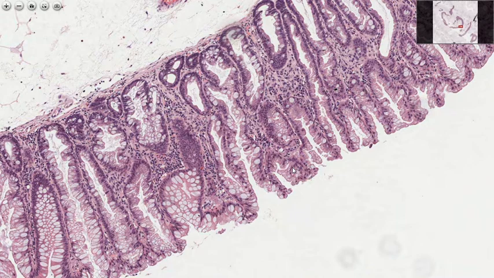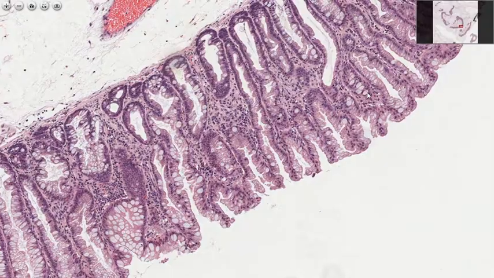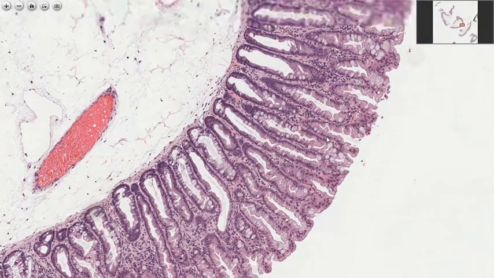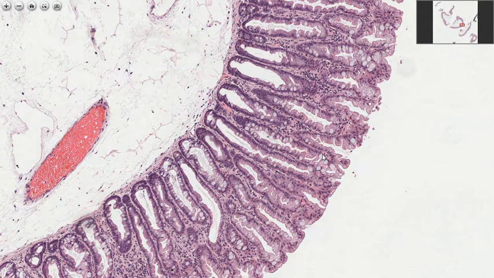What I'm thinking now is this a serrated lesion? Because of the location, which is the right side of the colon, sessile serrated lesions are very common in the right side of the colon. Another differential diagnosis is hyperplastic polyp, which is more common in the left side of the colon.